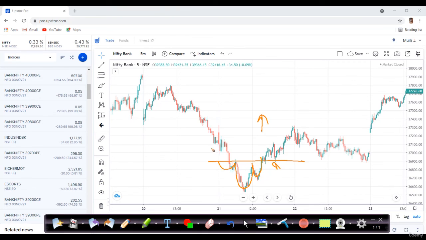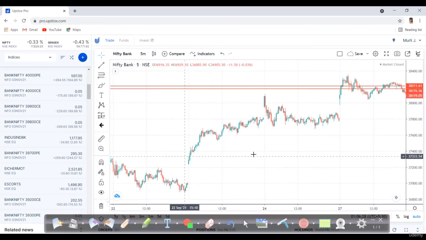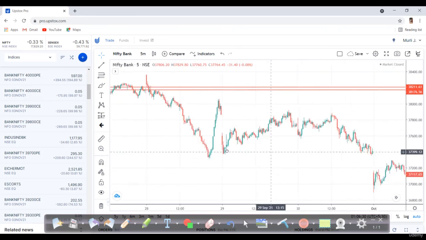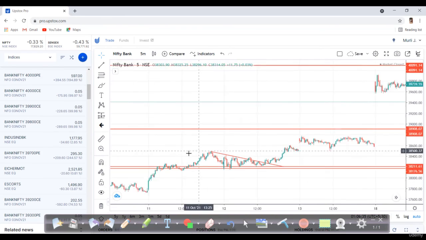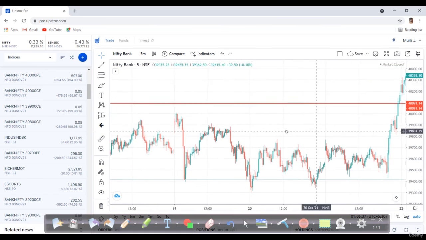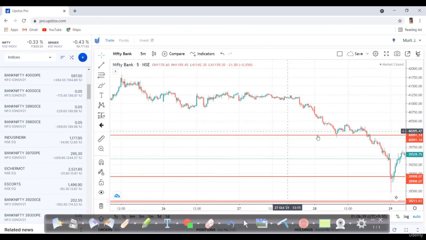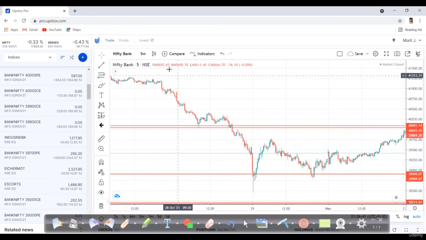So whenever you find this type of pattern in a resistance area, go and trade without hesitation. But I'm not suggesting to go and trade blindly. Take your time, understand the market logic, and then only trade. Without confirmation, do not trade.